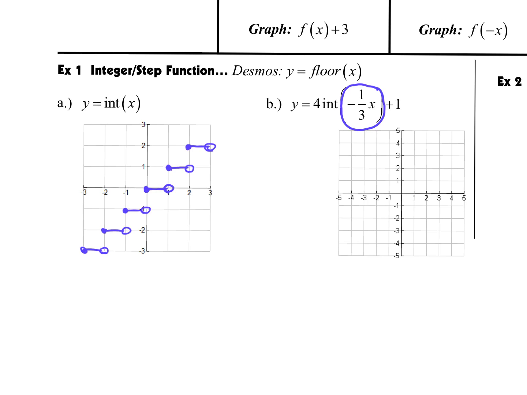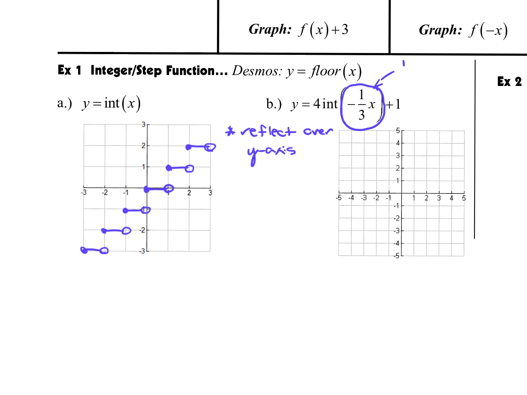And what we want to think about is what's going to happen with each of these pieces. I have a negative right here, and I have a 1/3 right here. This negative is going to reflect over the y-axis. And this 1/3 tells us that this whole function is moving at a 1/3 speed, which means it's going to take 3 times the amount of time.